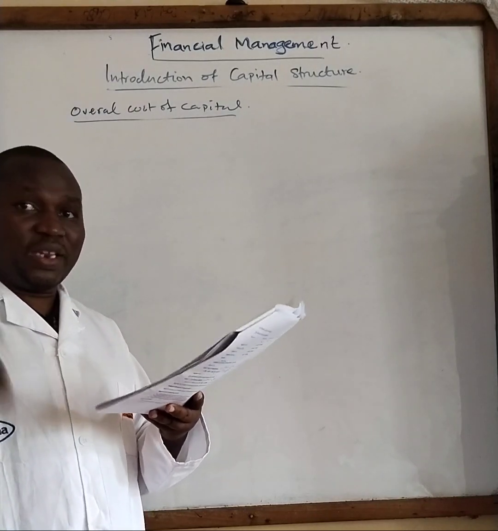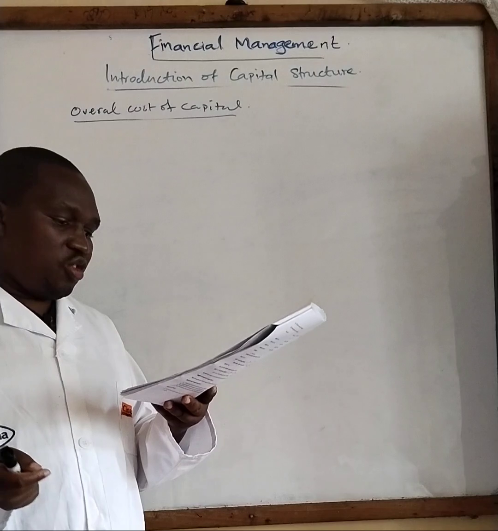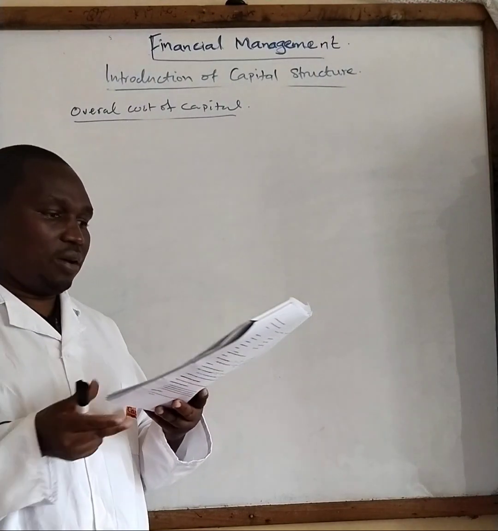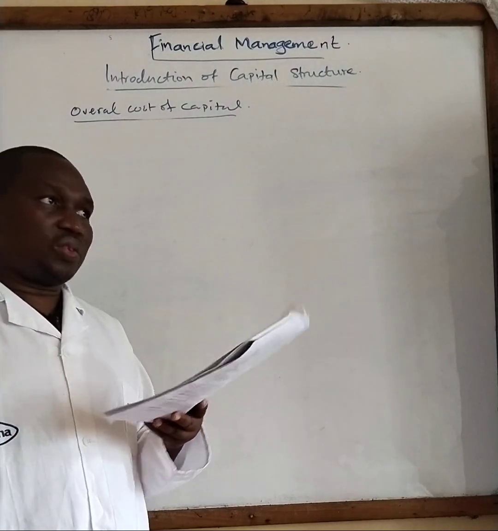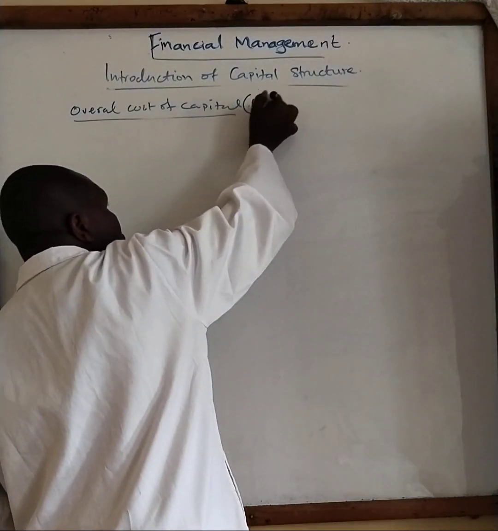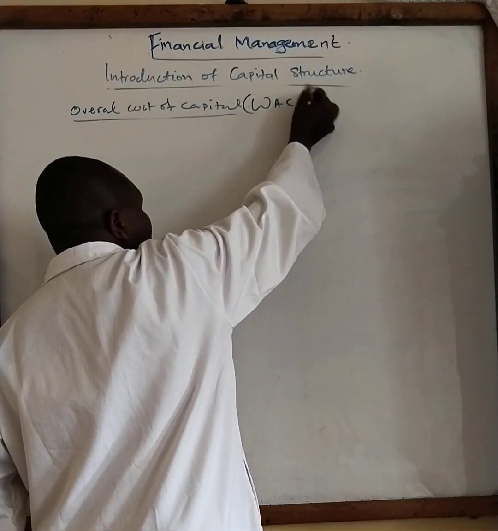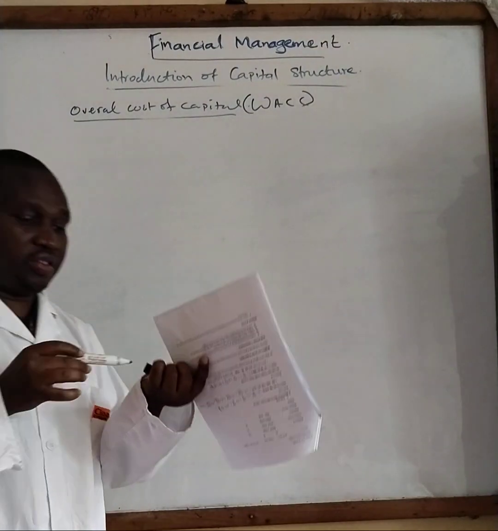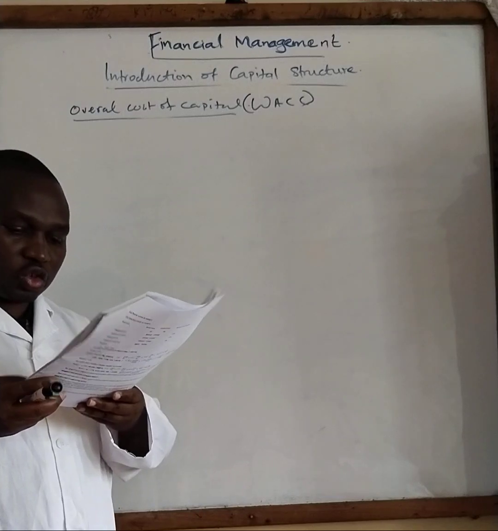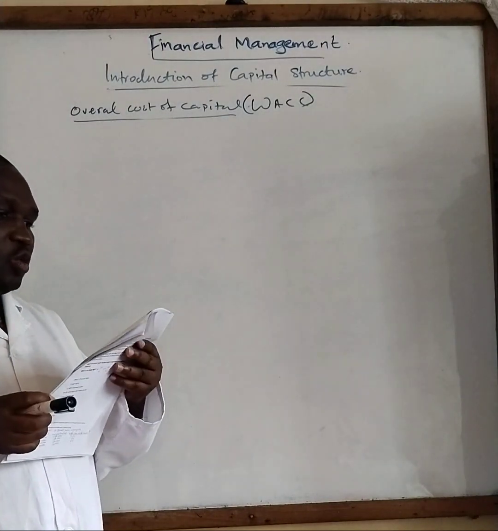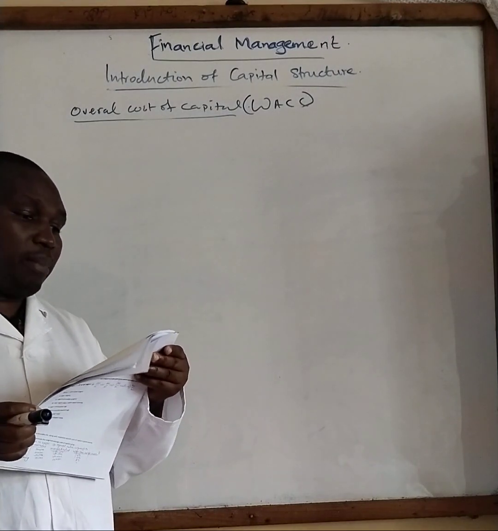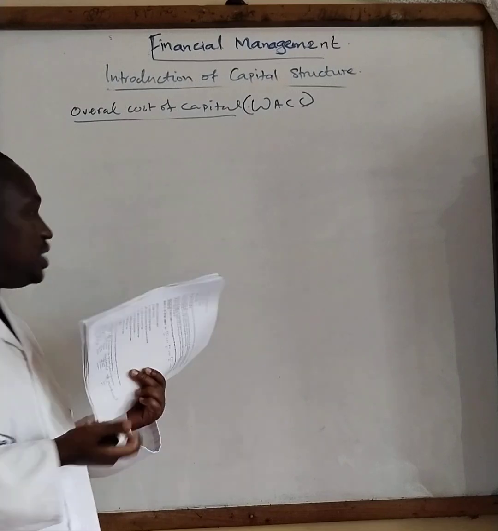The cost of capital has already been calculated, so your work is very simple. You are required to compute the weighted average cost of capital, which is the same as overall cost of capital and average cost of capital, using A, book value as weight, and B, market value as weight.